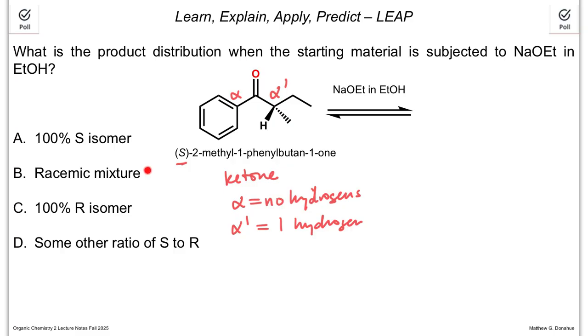Is it a 1-to-1 mixture, or is it some other ratio? So the answer for this is B, and let's understand why that is. The pure S enantiomer is going to form a racemic mixture of R and S.